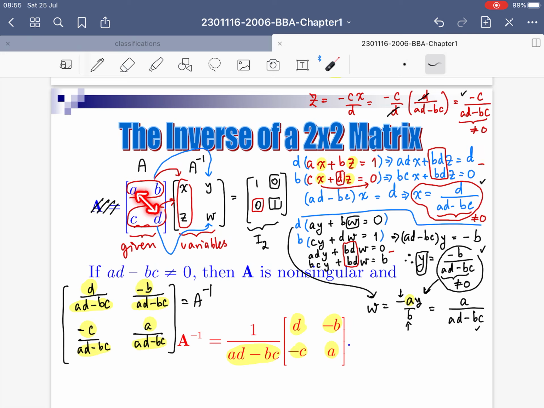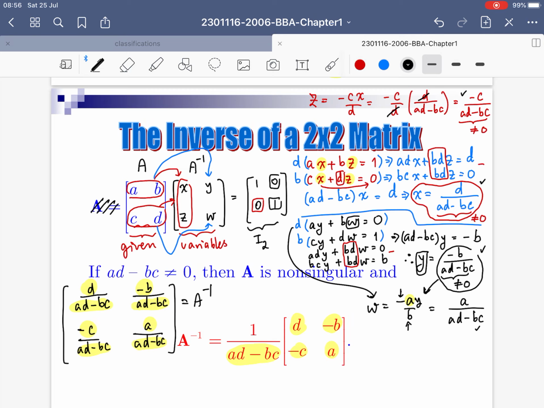Your A and your D interchange, and then you change the sign of your B and C. For your A it is a normal B and C, but for your A inverse it is a negative B and a negative C, kept at the same position. Just change the sign. The one that you usually forget is to multiply by this constant, so don't forget to multiply by 1 over AD minus BC.